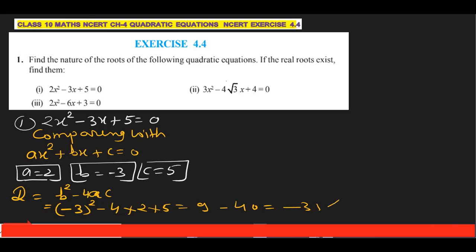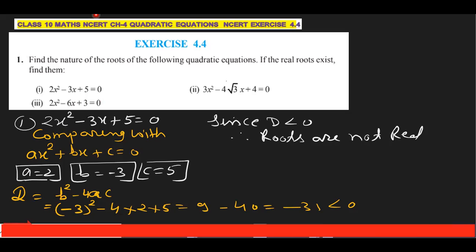Since that is negative, so we can say since discriminant is negative or less than 0, therefore roots are not real. And that is the answer of this question.